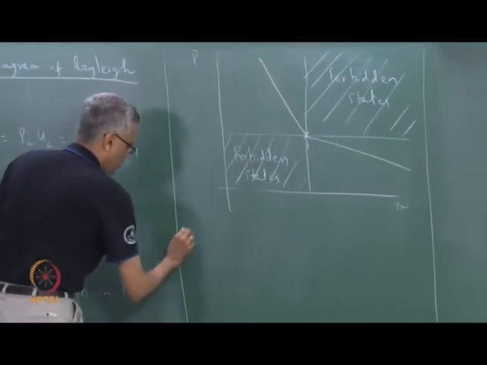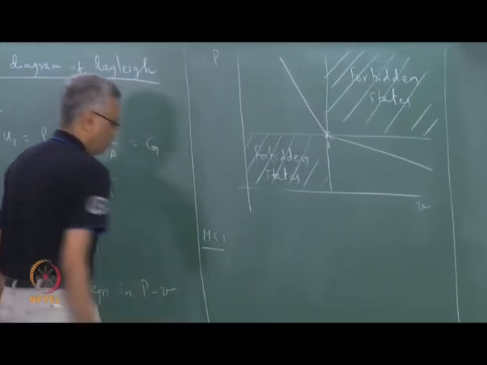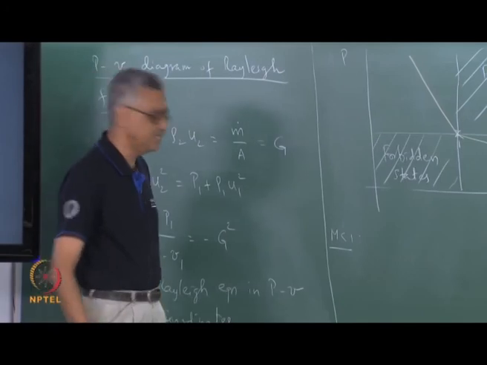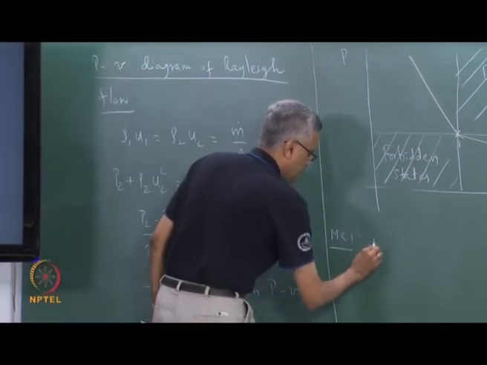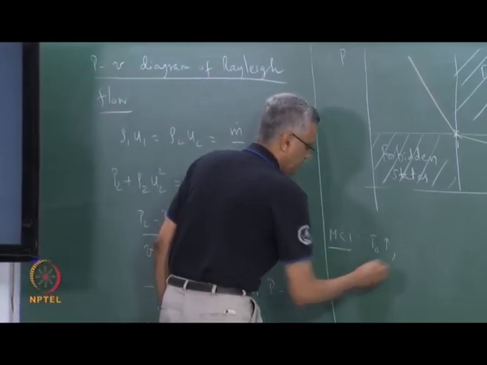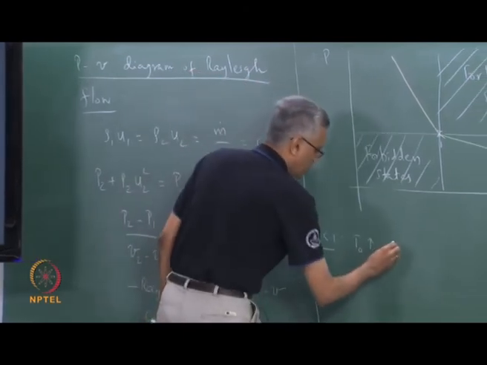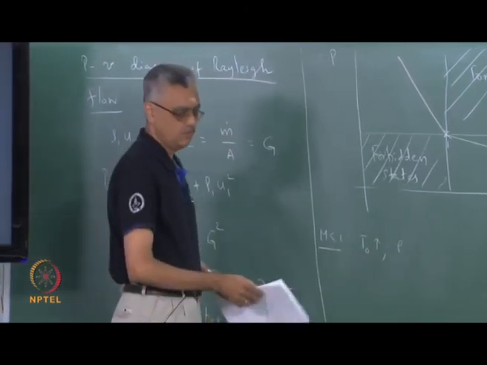If you remember, for M less than 1, with heat addition, meaning if T0 increases, then we said that rho, what did we say about rho?